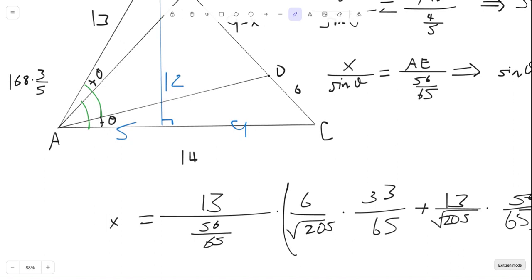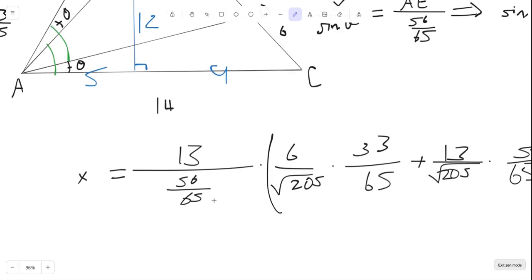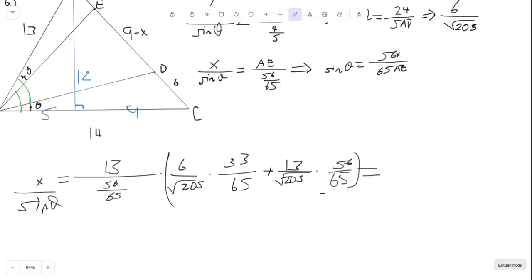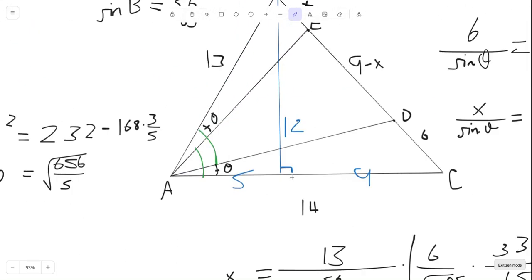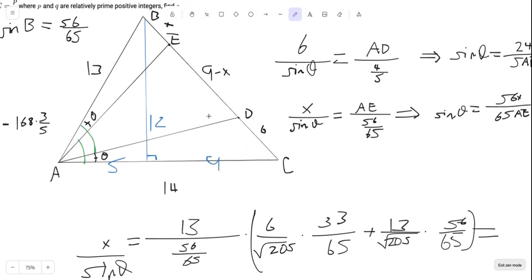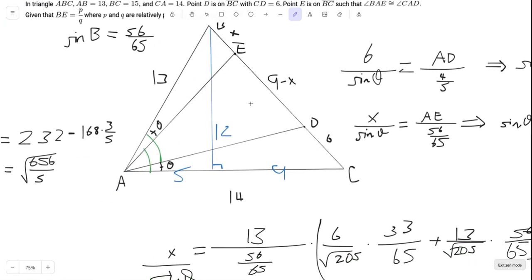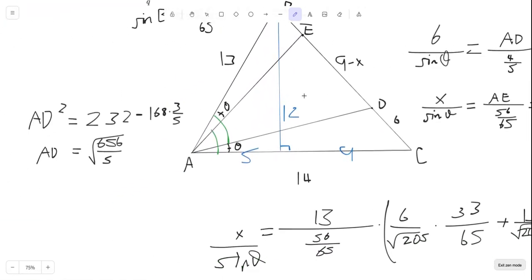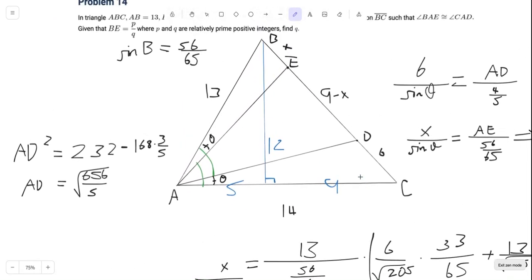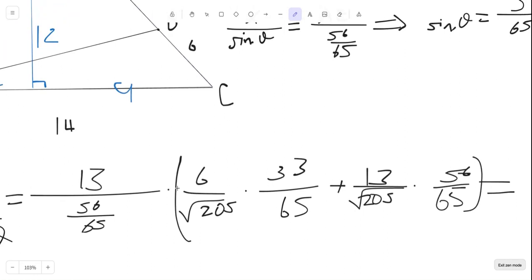Wait a second. We had x over sine theta equals 13 over the sine of this.